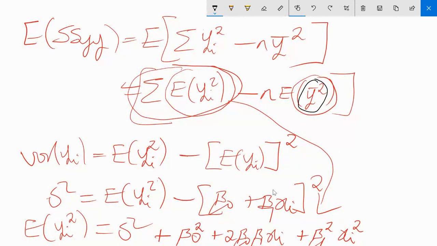Listen, I took this to the other side, so the sign changed. It's negative now. I want this to be the subject of the formula, so I'm taking this one to the other side. So we're crossing the river Jordan. So we have plus. Okay, now I get it. Thank you.